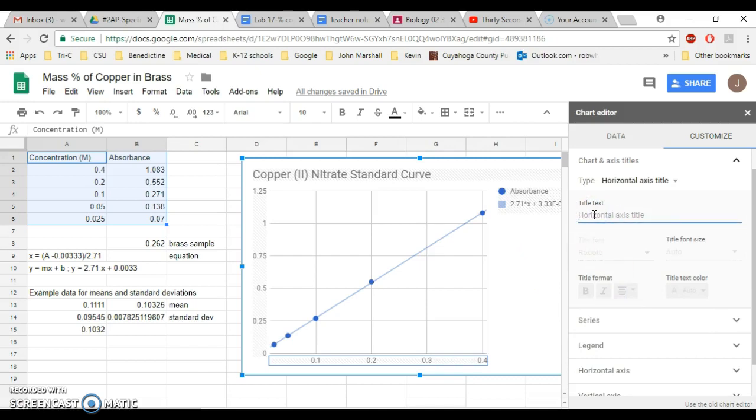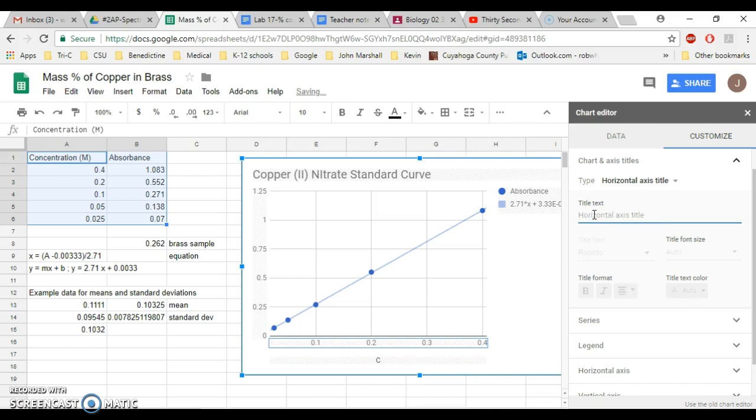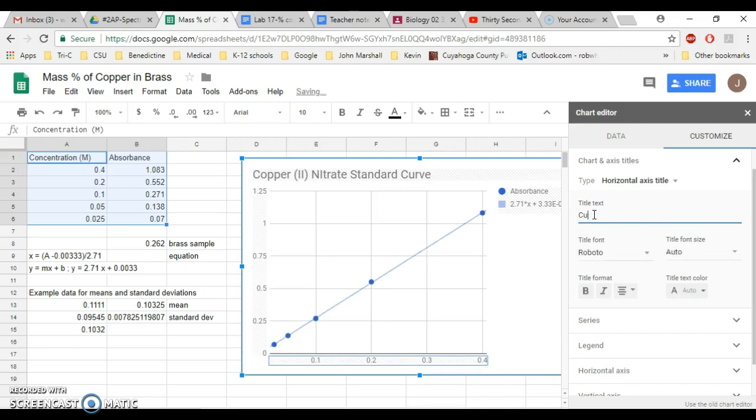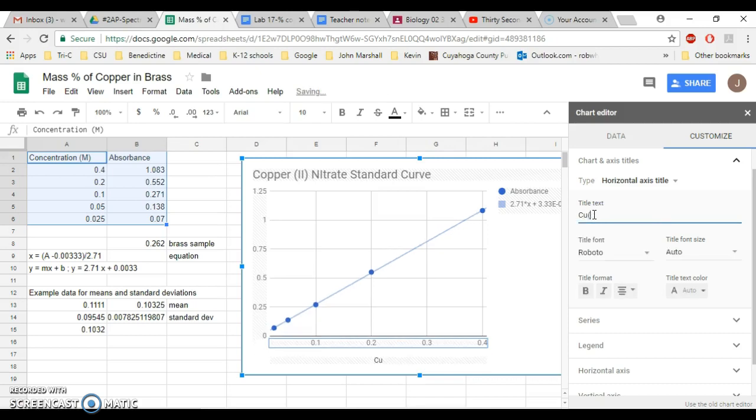So we can now put in, and I want you to use actually the chemical formula, Cu(NO3)2. Okay, so type in copper nitrate molarity. Okay, and then hit Enter.